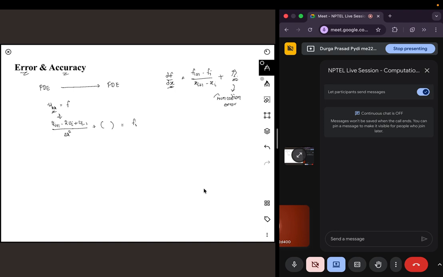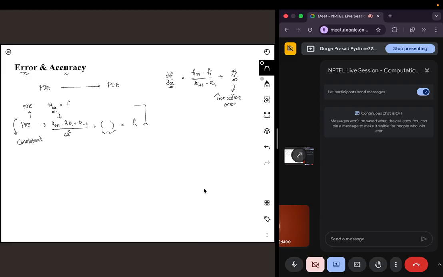The difference between this equation and the original equation is what we call the discretization error. What we expect in general is that the difference equation, my finite difference equation, should approach the PDE as the mesh becomes finer and finer. That is what we call consistency. If the FDE approaches the PDE as your mesh gets finer and finer, you call it consistent.